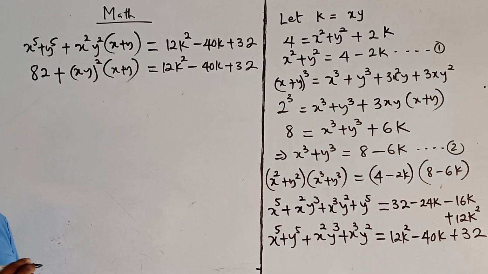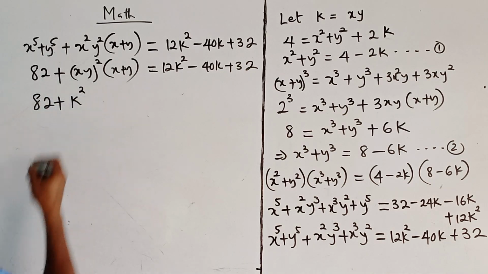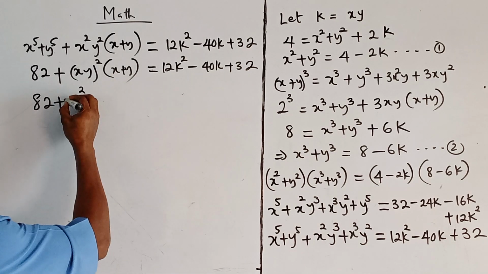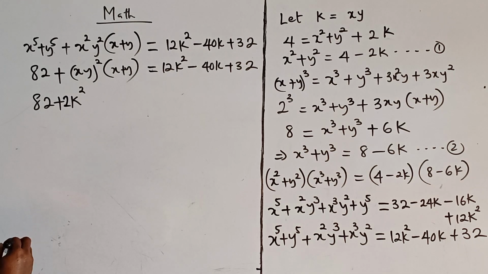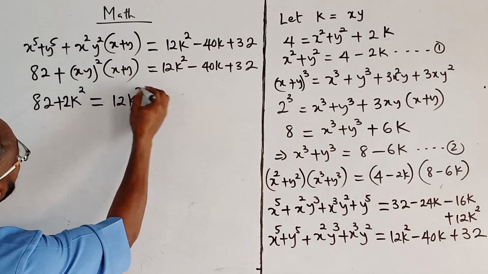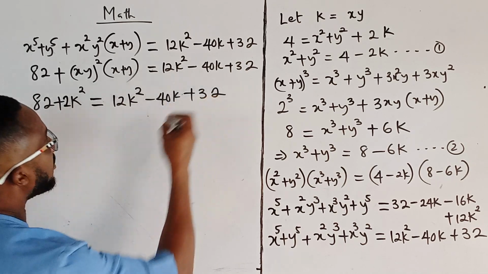And xy is equal to k. I'll then be having 82 plus k squared. x plus y is equal to 2, the first equation. I will write 2k squared there. Then on the right side, I have 12k squared minus 40k plus 32.